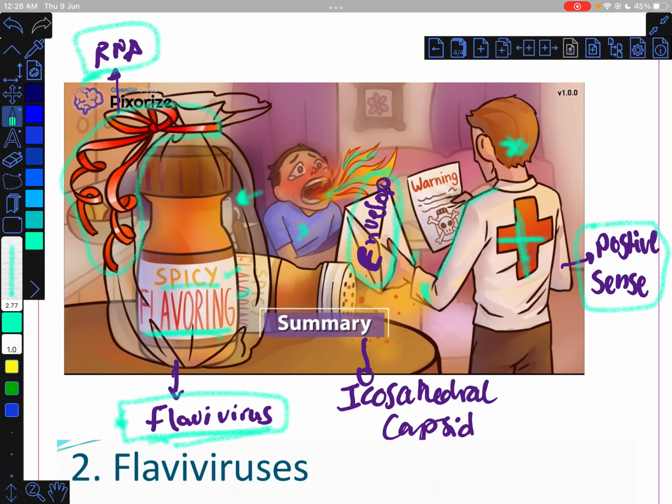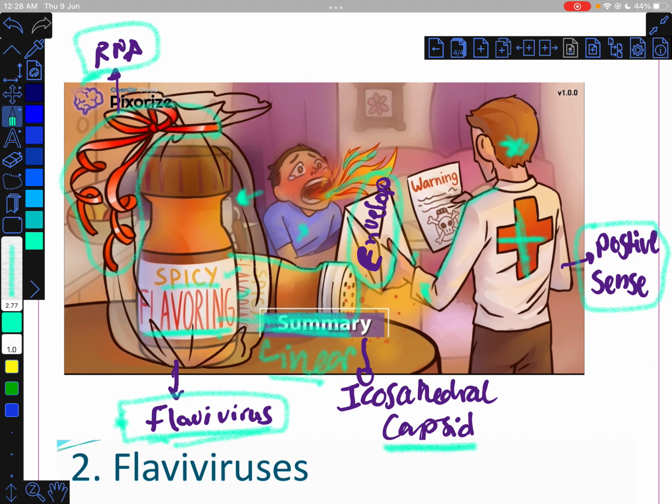And they do not represent this virus as linear, but we can say this bottle on the table is linear because it looks linear. So this virus is not circular, it is a linear virus.